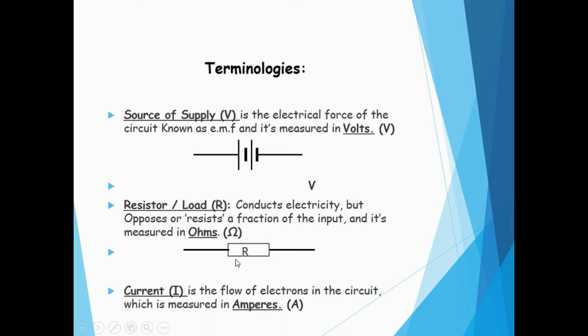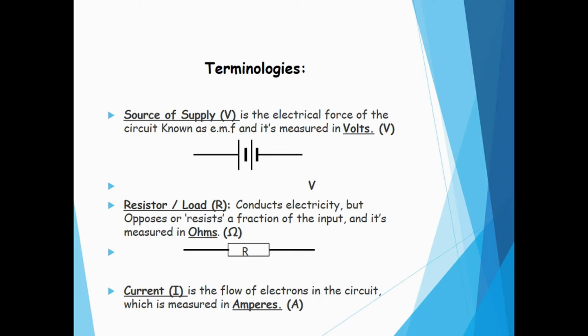You don't have to write R inside it, but just a rectangle with two leads or two pins either side. That is a resistor, measured in ohms and shown by capital R usually, sometimes with a small letter, but mainly with capital.